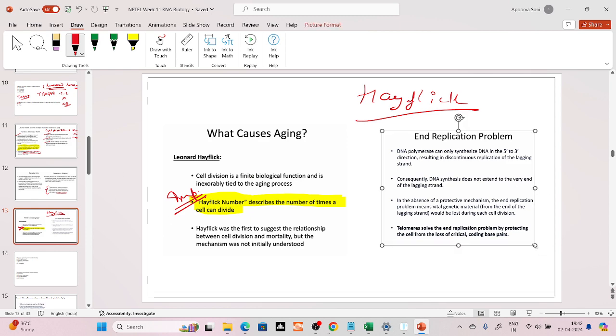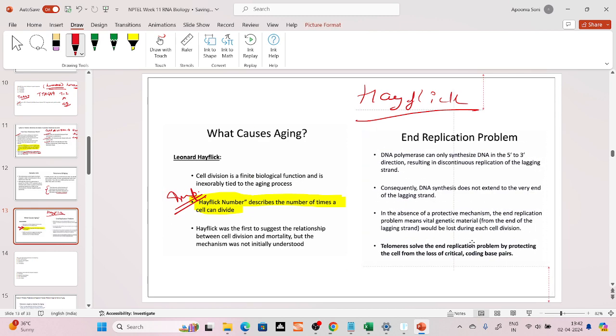There are two strands, just as we talked about. I'll just read it first and then go back to that image. Consequently, DNA synthesis does not extend to the very end of the lagging strand. If you know the basics of DNA replication, DNA has two strands: one is the leading strand, another is the lagging strand.